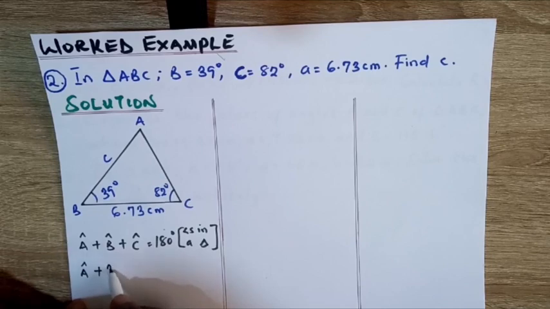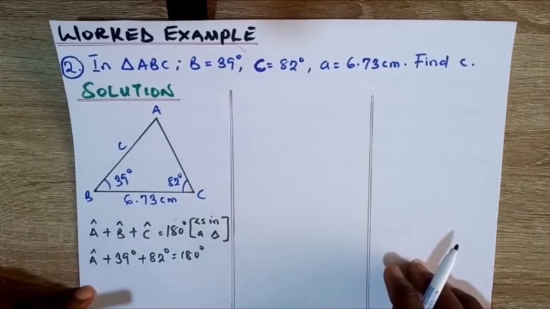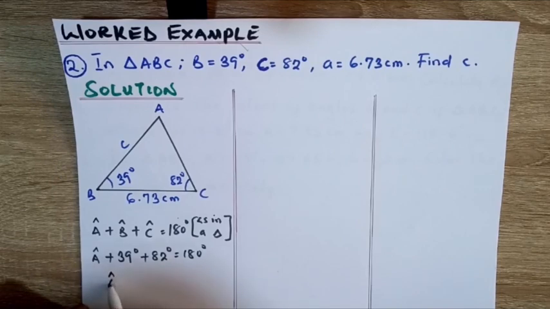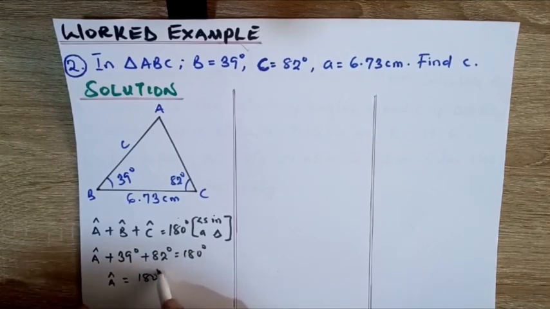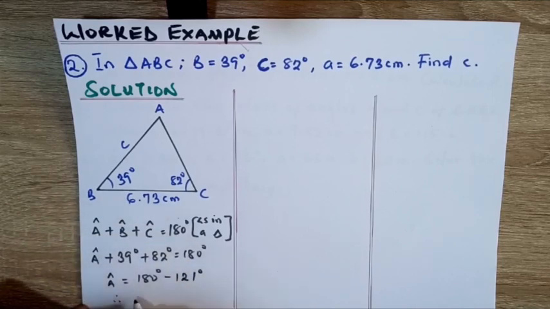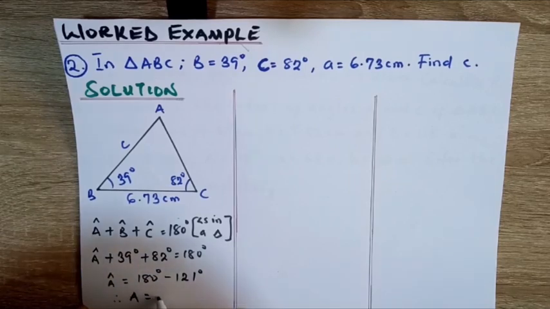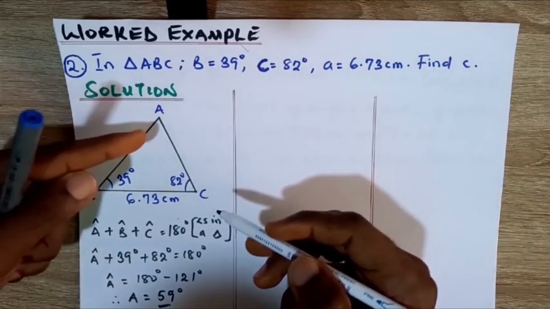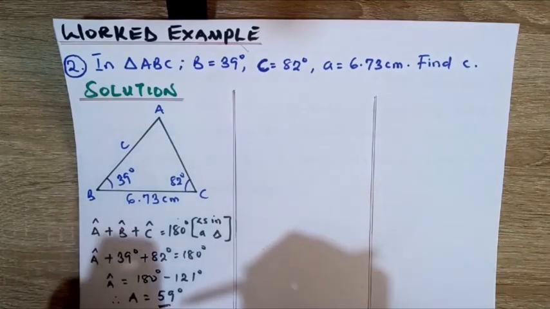Given the angle at B as 39 degrees and the angle at C as 82 degrees, our angle at A is exactly 180 degrees minus the sum of 39 and 82, which is 121 degrees. So that means our angle A is exactly 59 degrees.